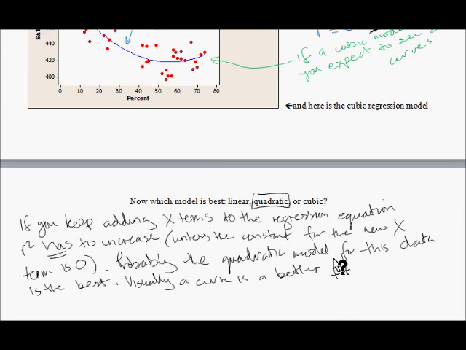Better fit to the data than a straight line. And a cubic doesn't add an extra curve.